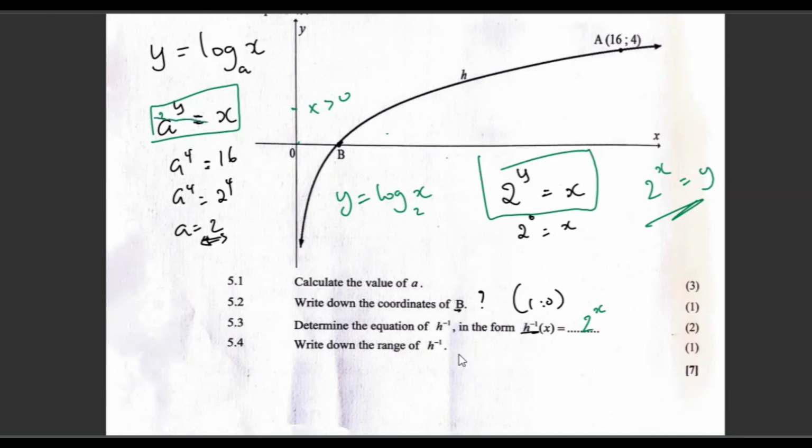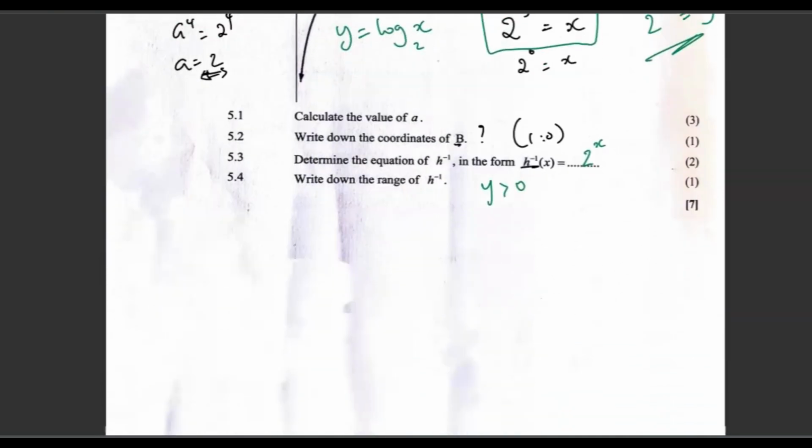So it would be in this sort of section. Since x was greater than 0, then this one is going to be y is greater than 0. So that is question number 5 done.